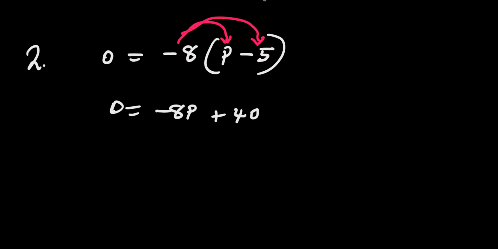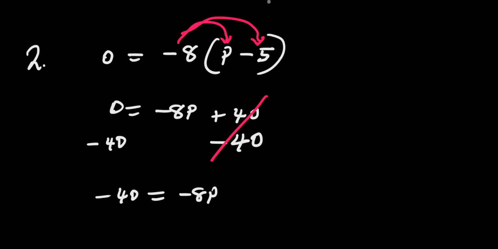We have to move 40 away from here to the other side so we can keep negative 8p on the right. So do that by subtracting 40 from both sides, minus 40, and positive 40 minus 40 is 0. Cancel this from here, and 0 minus 40 is negative 40, and this equals negative 8p.